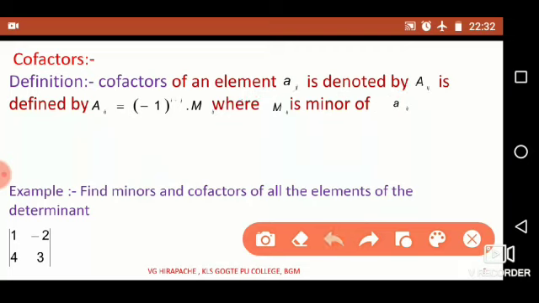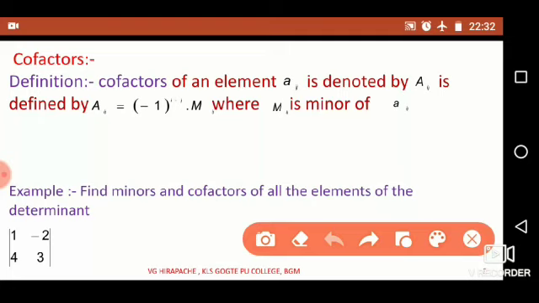In brief, if the minor of each element of a matrix is multiplied by minus 1 to the power i plus j, then it becomes the cofactor of an element Aij.